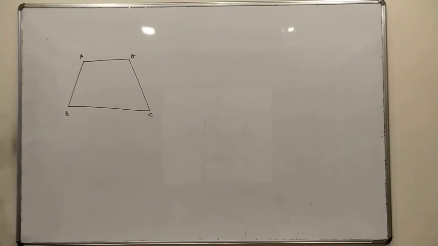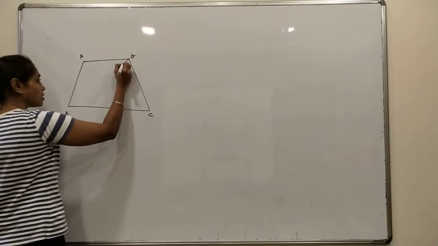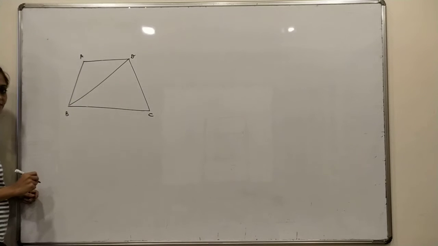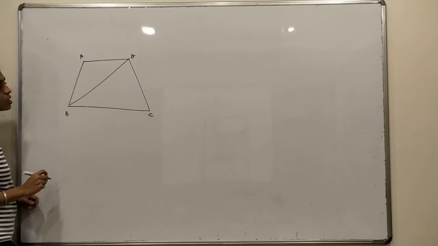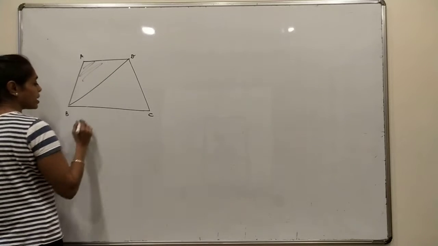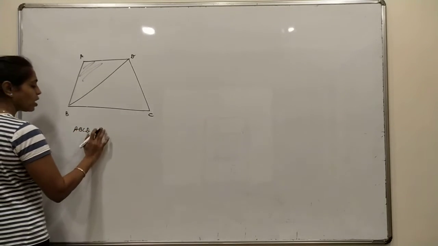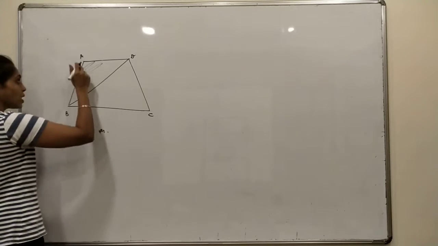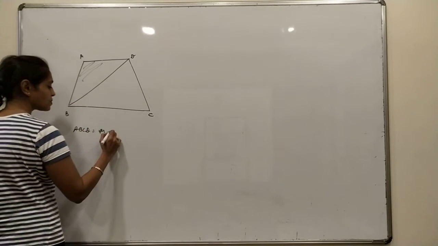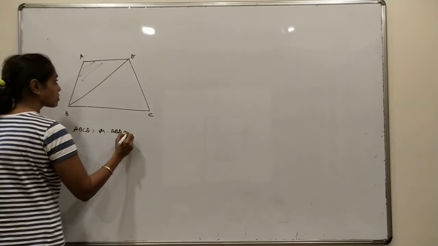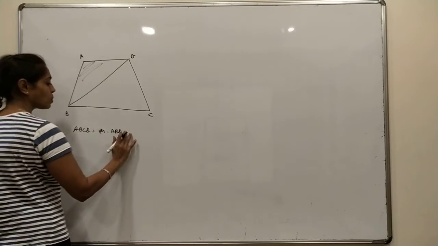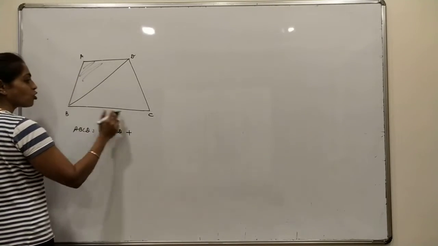ABCD is a trapezium. Now I divide the trapezium into two parts. Now area of ABCD is equal to area of ABD plus area of BCD.